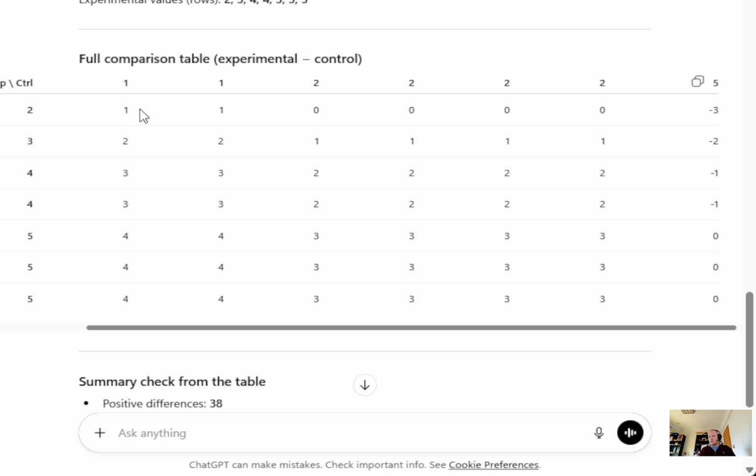Well, we don't know if the difference between 5 and 4 is the same as between 4 and 3, for instance. So that's ordinal ratings.